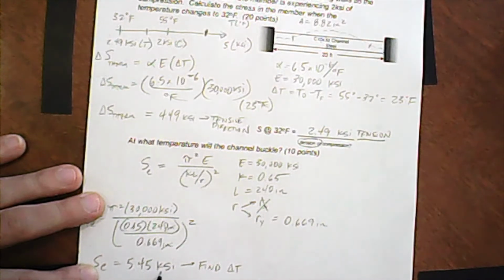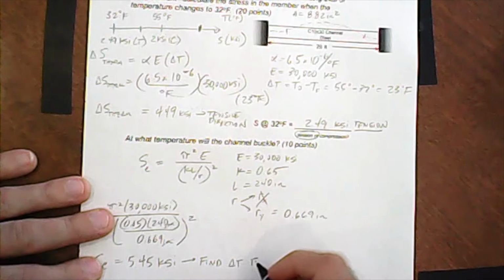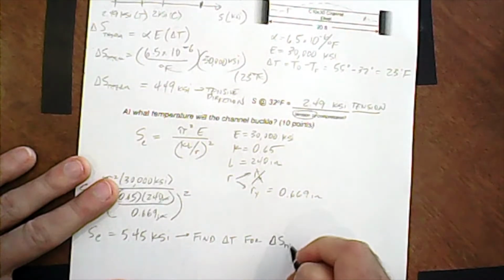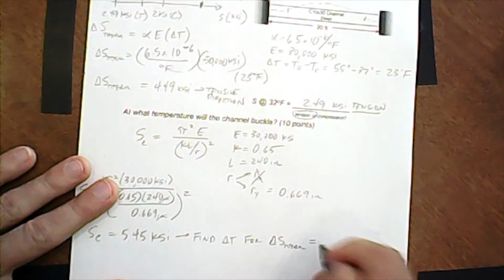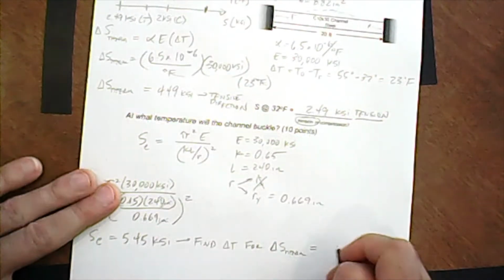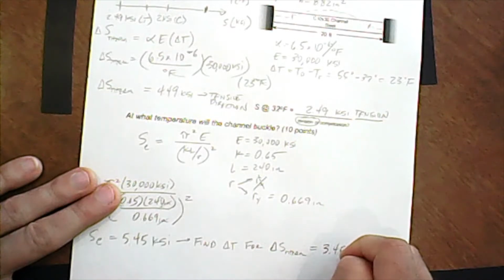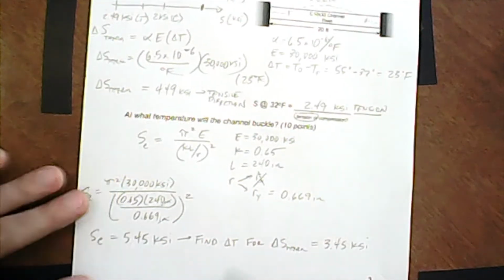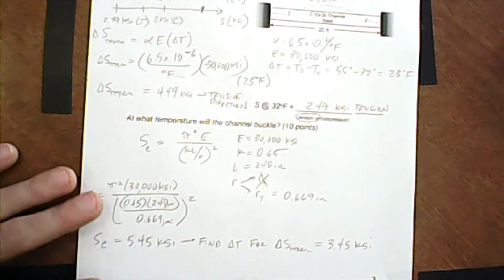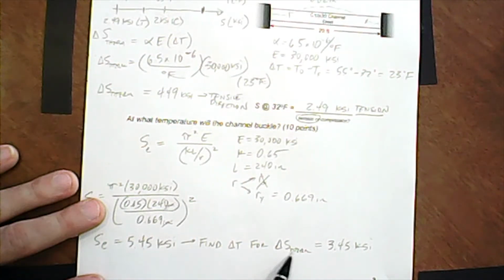5.45 KSI. So we need to find the delta T for a delta S thermal equal to the difference between 2 KSI and 5.45 KSI, so 3.45 KSI. In other words, when we get up to 5.45 KSI, that's an absolute, we're going to buckle. The change in stress we need is 3.45 KSI, and we're going to find the delta T associated with that.